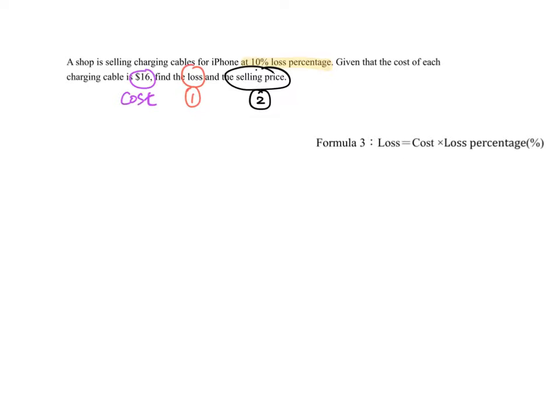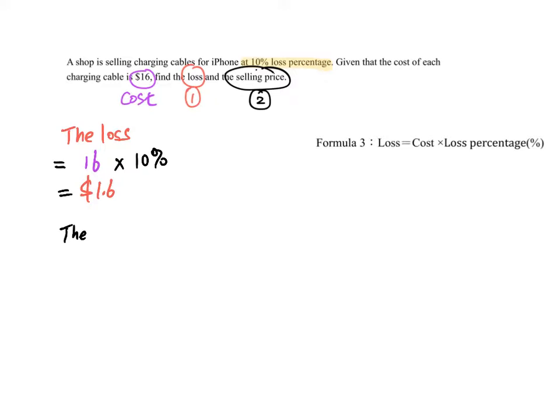We can use formula 3 to find the loss. Loss is equal to cost times loss percentage. We can derive formula 3 from formula 2. The loss is equal to the cost, $16 times 10%. It is equal to $1.6.